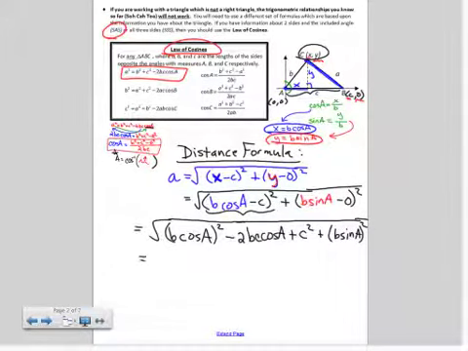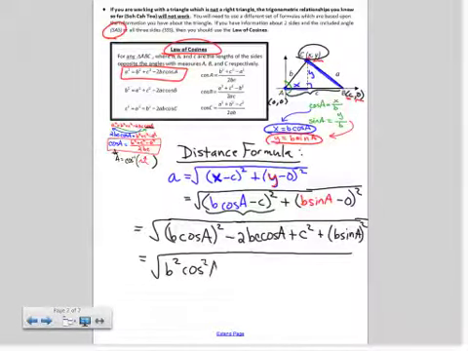And now let's simplify some things we know here. So this gives us b squared cosine squared a, minus 2bc cosine a, plus c squared, plus b squared sine squared a.